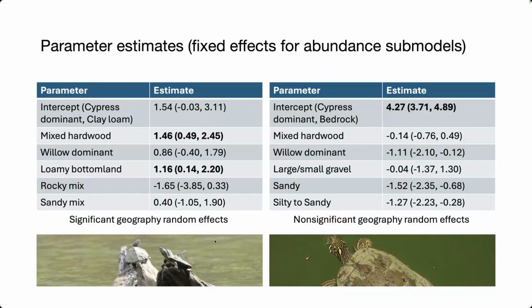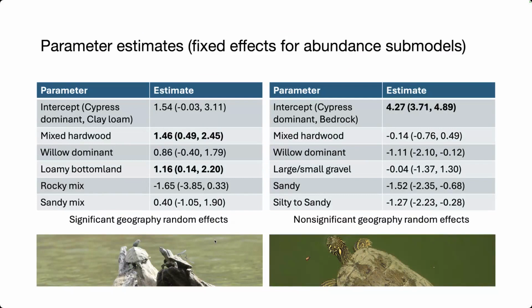So I'm going to very briefly explain for our best fit models what the important variables were and what it means for explaining heterogeneity in abundance. Basically, our best fitting models indicated that map turtles showed highest densities in mixed hardwood habitats, or sorry, vegetation types.